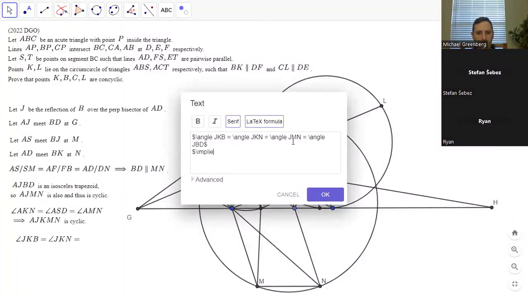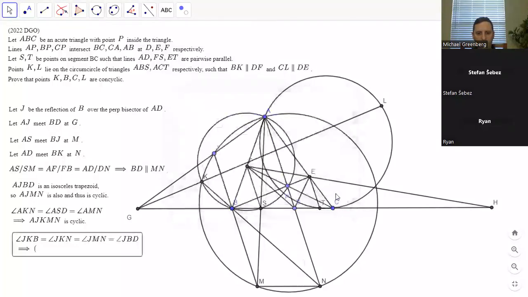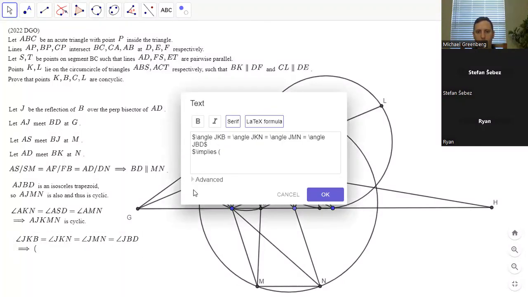That means that the circle JKB is tangent to BC.